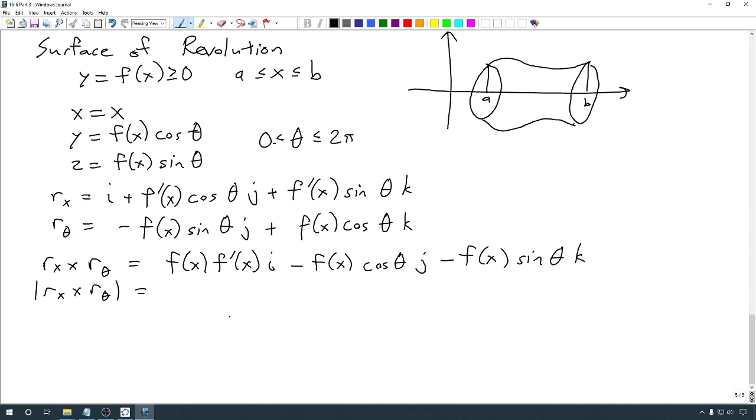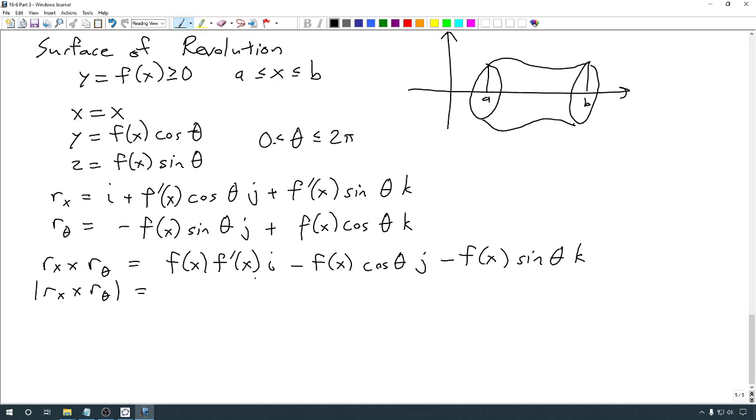So we don't have to deal with any absolute values. If we had to take the magnitude where we allowed the function to actually go negative, we'd have to end up pulling out an absolute value of f of x instead of just f of x. But as long as we have a non-negative value for this curve, that's fine.